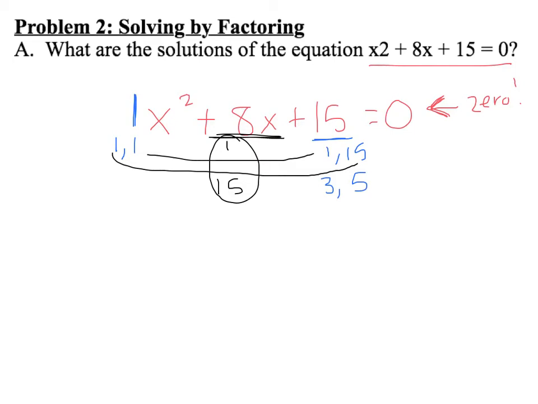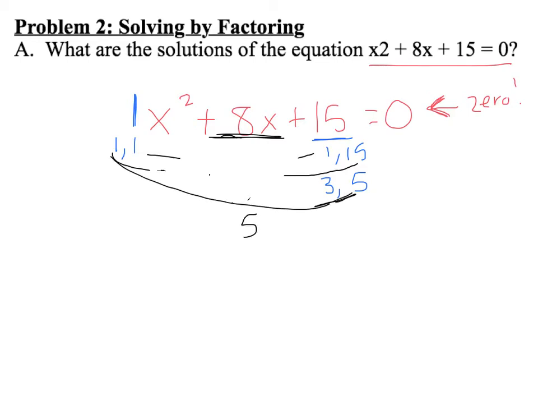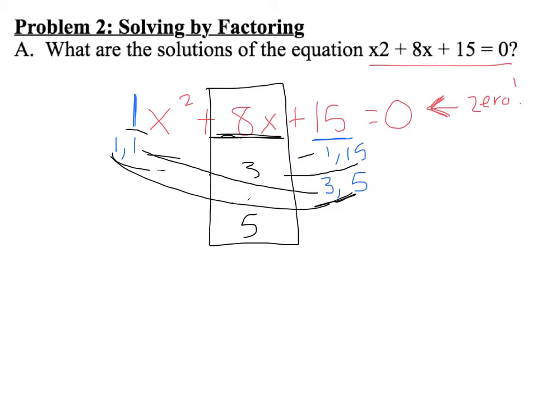So it can't be that option. So we'll try the second option. 1 times 5 is 5, 1 times 3 is 3, and when we add those together, yep, we get 8 in the middle. So I want 1 and 1 and 3 and 5.